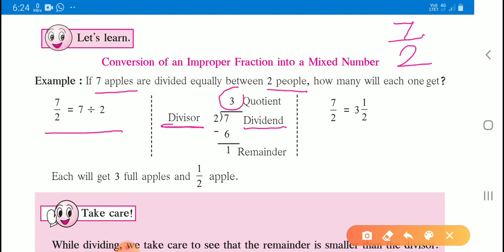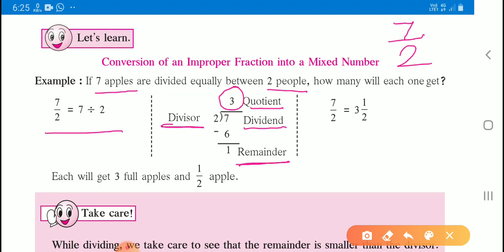So 3 is the quotient. Purposely I am saying these spellings because maybe you will make mistakes while writing the spellings. And here 7 minus 6, how much remains? 1. So this 1 is known as the remainder.